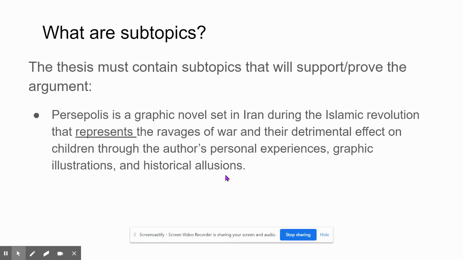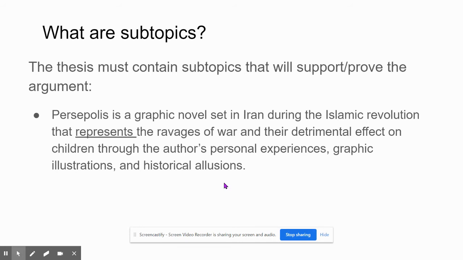I'm using some literary devices here because I'm trying to show the sophistication of college-level writing and that I understand literary analysis. Yes, this is an argument about content, and I think some of you have shied away from using literary language, but the bottom line is this is a language and literature course, and this is a literary analysis.